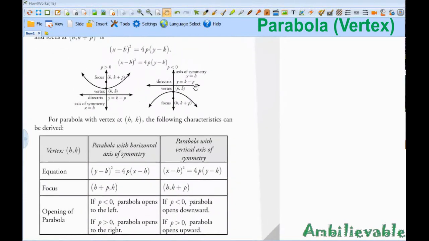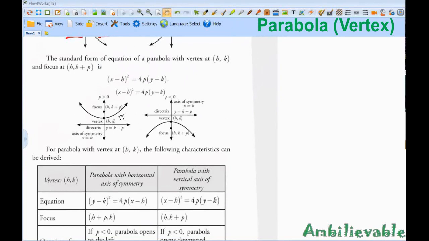So we have the summary, and this is for the parabola that opens upward and opens downward. Okay, so we are familiar with our equation x squared equals 4py, right? So when it has x squared, it means the parabola opens upward or downward.